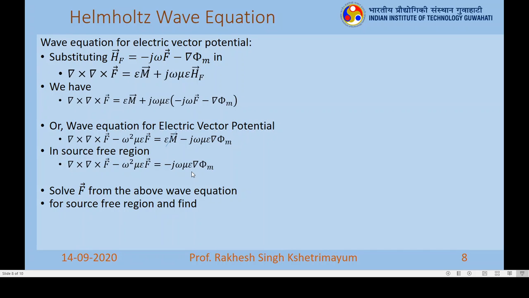Solve for F from the above wave equation for the source free region, then find the fields. You can find the electric field as minus 1 by epsilon curl of F, or you can find the magnetic field as curl of F by j omega mu epsilon.